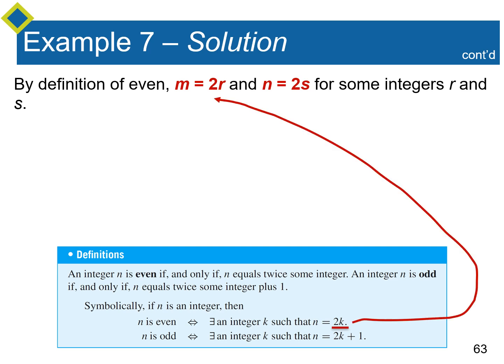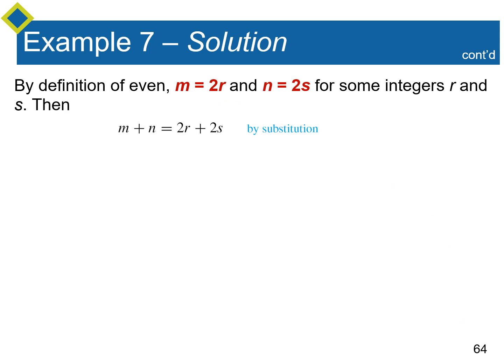So we replace m equals 2r and n equals 2s. By substitution, we add the two even numbers, m plus n equals 2r plus 2s. By factoring out 2, we get 2 times (r plus s).